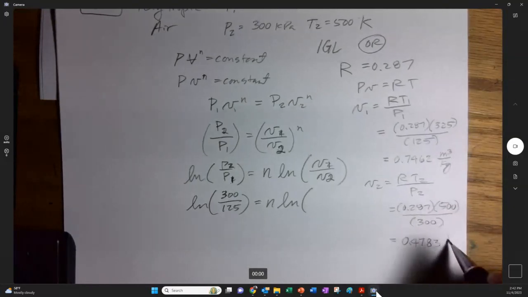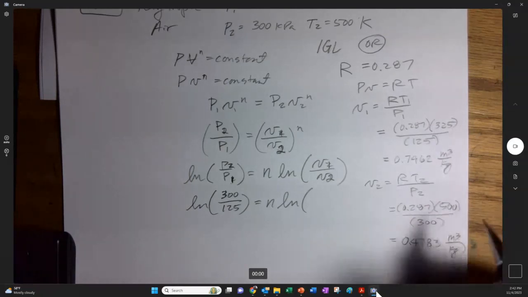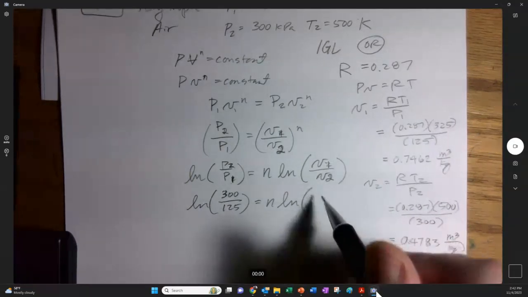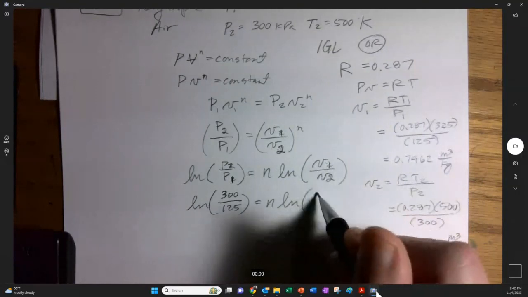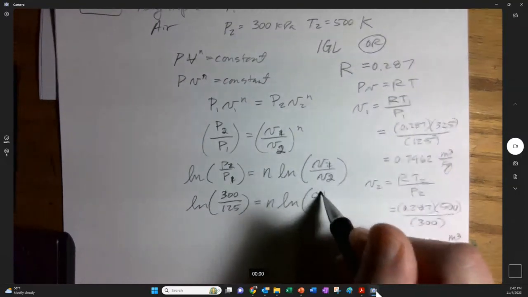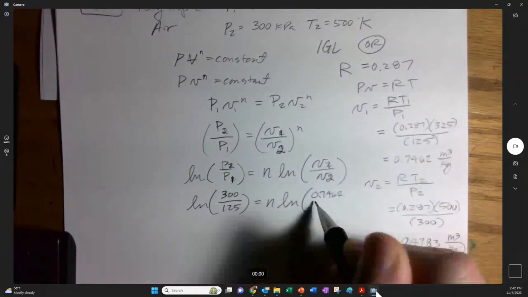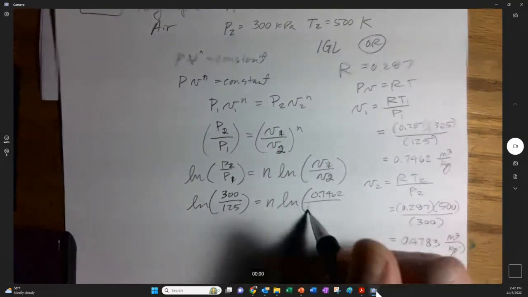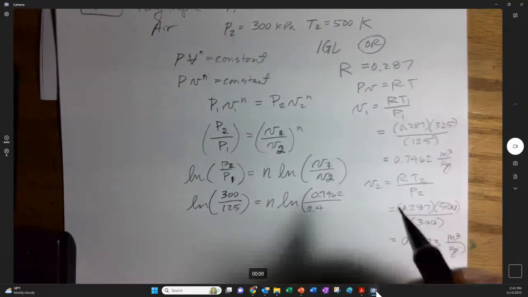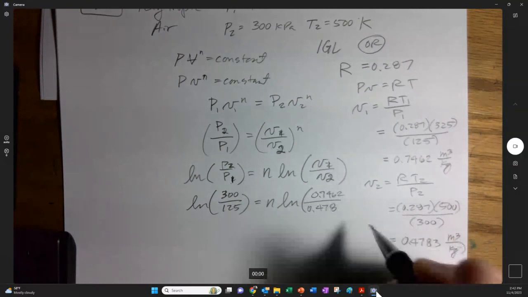0.4783 cubic meters per kilogram. I don't know why there's a parentheses right there. So V1 is 0.7462 over 0.4783.